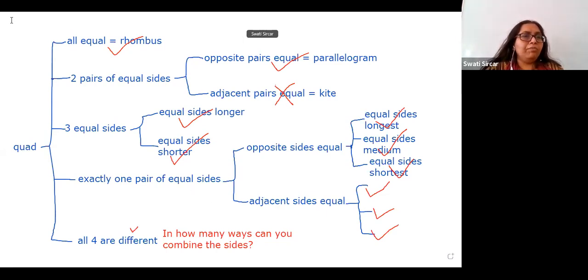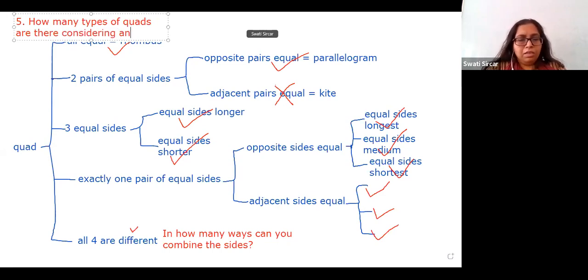So that's going to be the fifth question. How many types of quads are there, considering angle combinations?